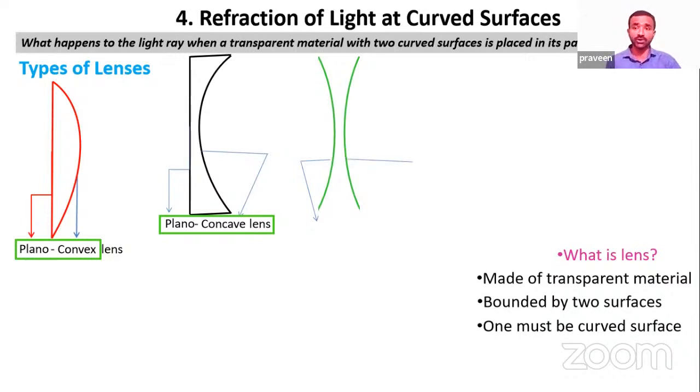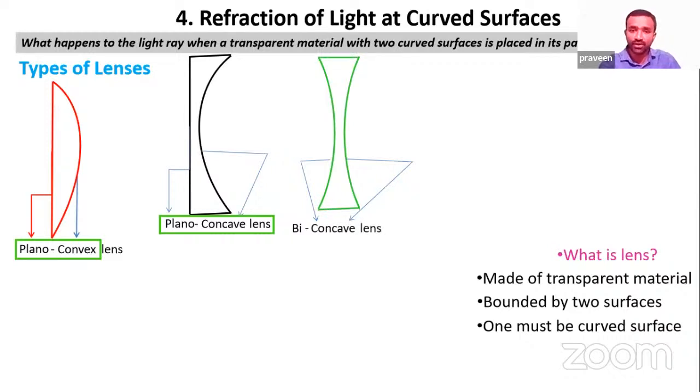Both left and right are concave, bounded by two concave surfaces. So it is named bi or double. I can assign a code for the number of surfaces: bi is 2. Both are concave, so this is called a biconcave lens.